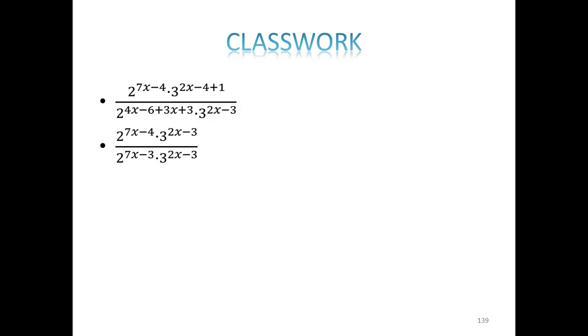I can't multiply now, I just have to divide. Okay, when I divide, with respect to the 2's, I will simply take this one here and subtract that one over there. It'll basically be 7x minus 4 minus 3x plus 3. When it comes to the 3's, because it's the same base with the same exponents, those ones I can just cross them out.